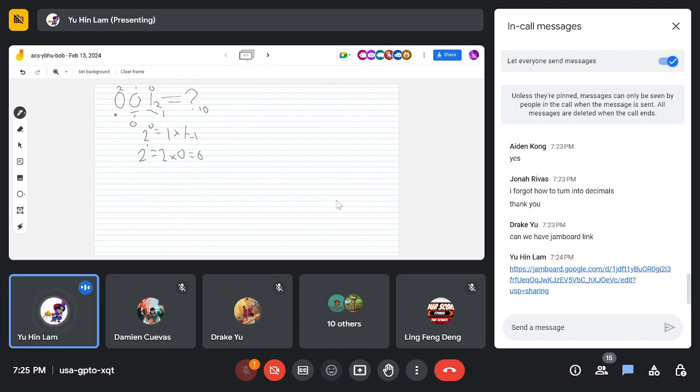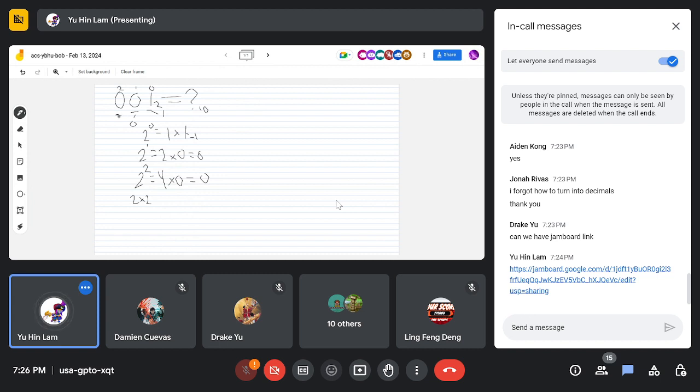Then let's move on to our last digit. We'll first do 2 to the power of its position of 2, which will give us 4, since this is basically 2 times 2. Then we'll multiply this by the digit of 0, and whatever we multiply by 0 gives us 0.